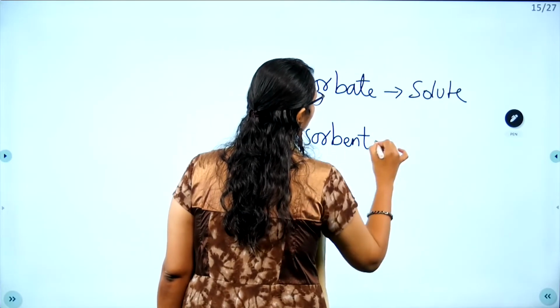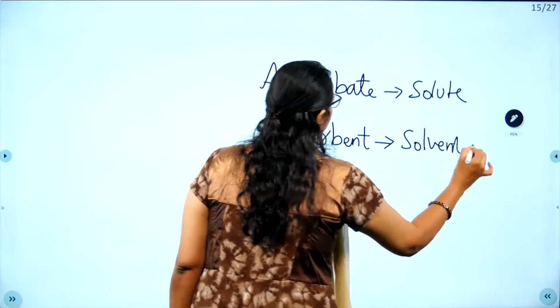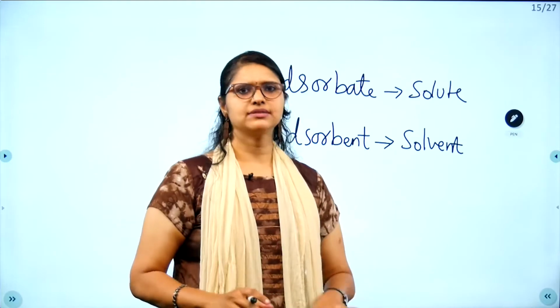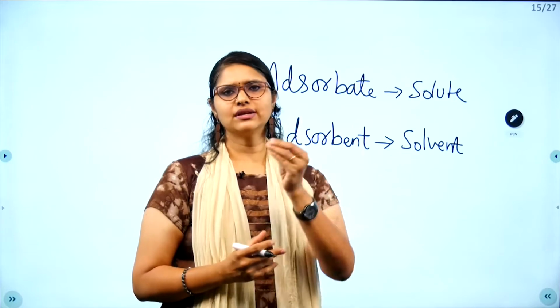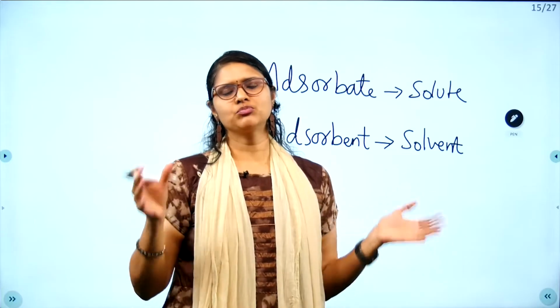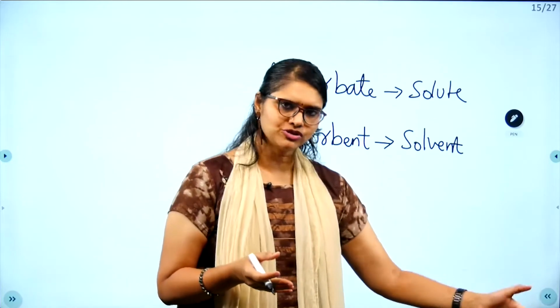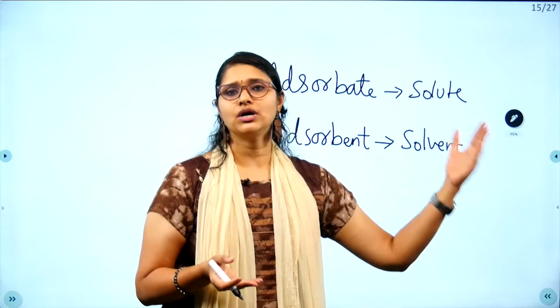What is adsorbent? Solvent. Adsorbate is a solute, which is a little quantity, and adsorbent is more quantity. Solute plus solvent will give you solution. Adsorbate plus adsorbent will give you adsorption.